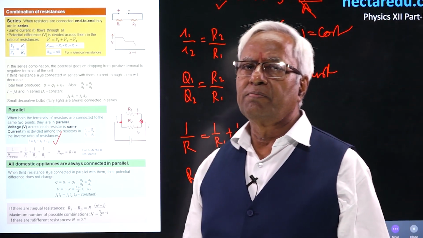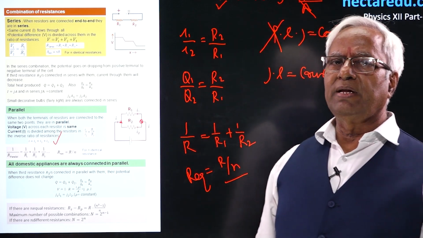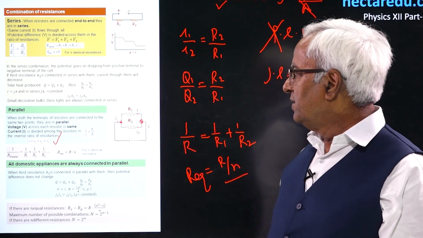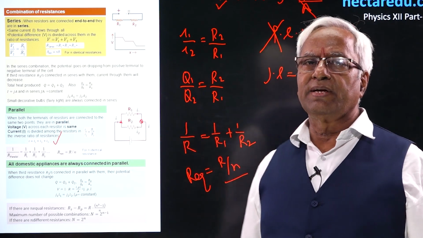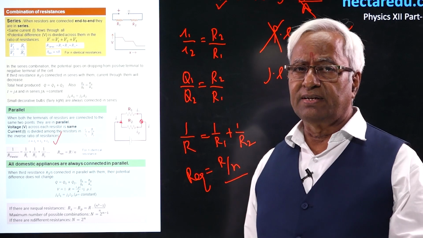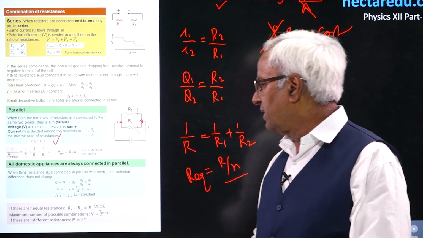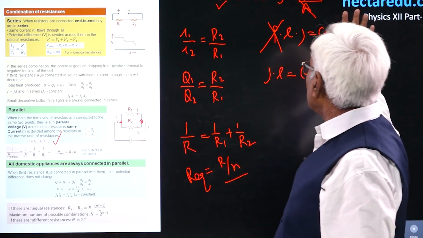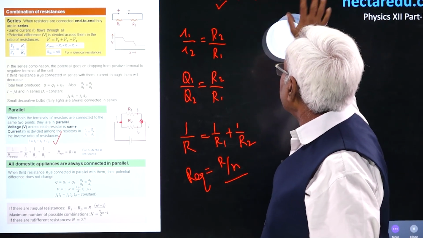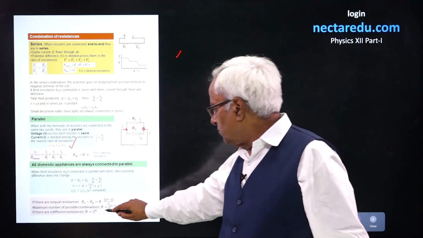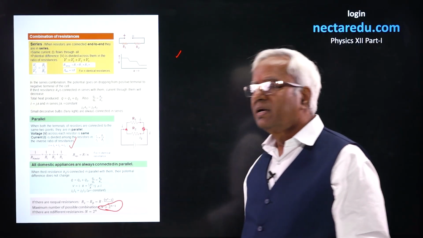One thing you have to remember: in series combination, the equivalent is going to be greater than the biggest value in the resistances. Similarly, in parallel combination, you'll get an equivalent resistance less than even the smallest value in the set given there. If you are having n equal resistances, the number of maximum possible combinations will be 2 to the power n minus 1.